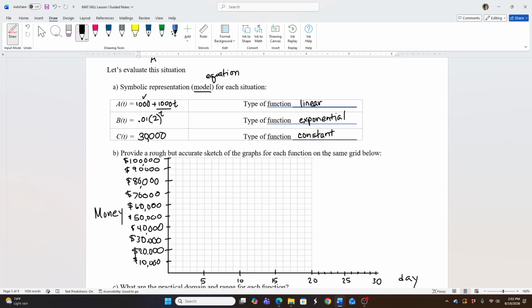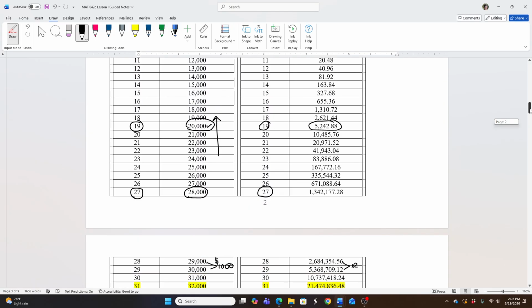Now let's graph A in black. Situation A, we'll graph in black. So we start at $1,000, which I can barely put on here. On my 5th day, if I go up to my 5th day up there, I think I'm at $6,000. Let's go to the table.